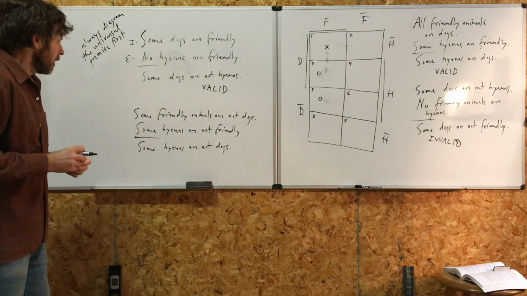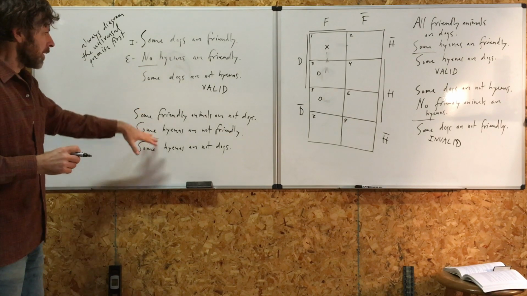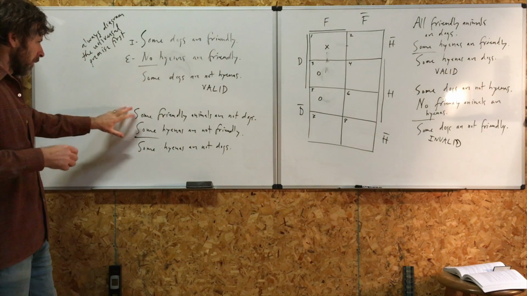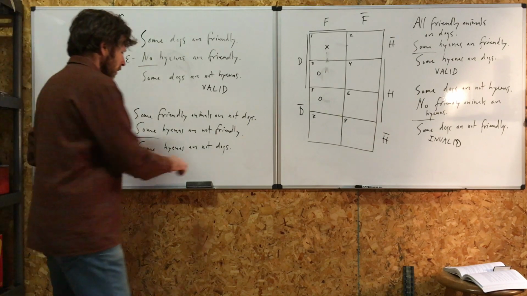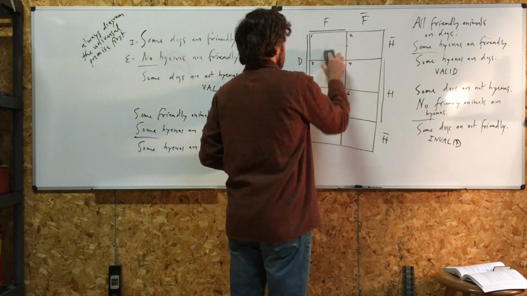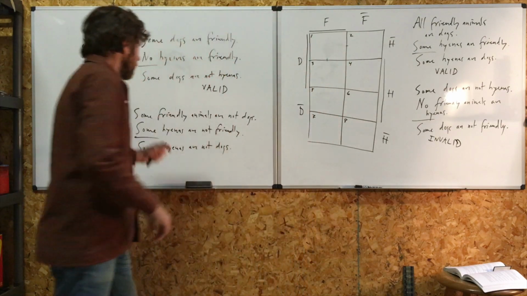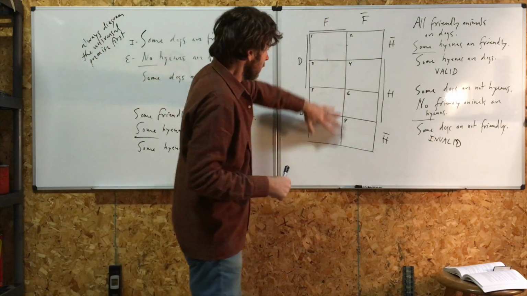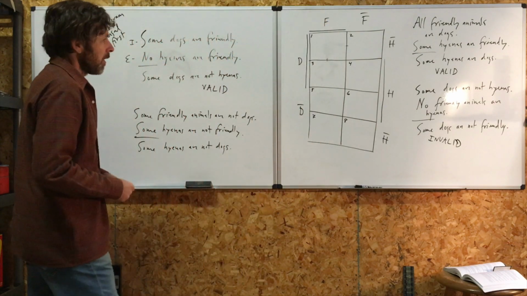Cool. Let's do this last one here. Now, there are no universal premises, so we don't have to worry about the order that we diagram it in. Let me erase this right here. Okay, so some friendly animals are not dogs. Friendly animals right here, 1, 3, 5, and 7, are not dogs.